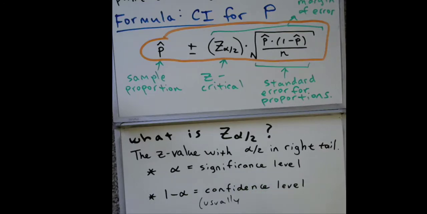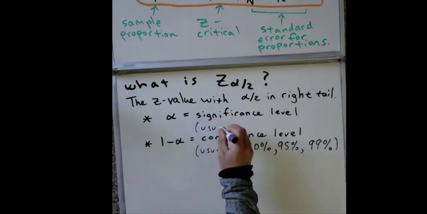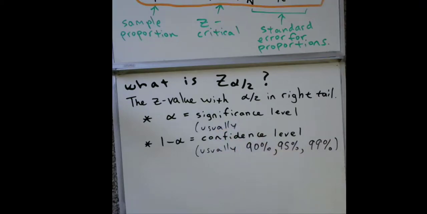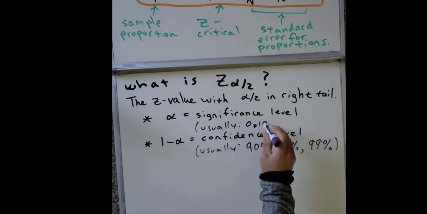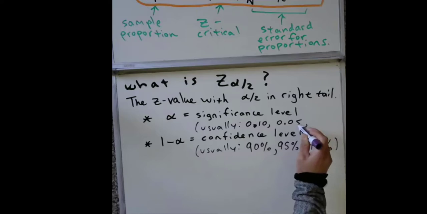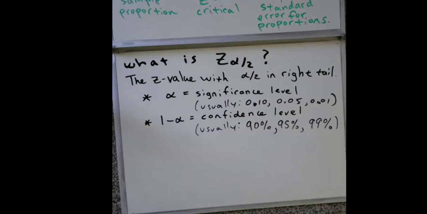Confidence is usually a large percentage, such as 90 or 95 or 99% are the most common confidence levels, because we want to be fairly confident in our estimations. As such, significance is usually a small number because it's the complement, usually 0.10, 0.05, or 0.01.